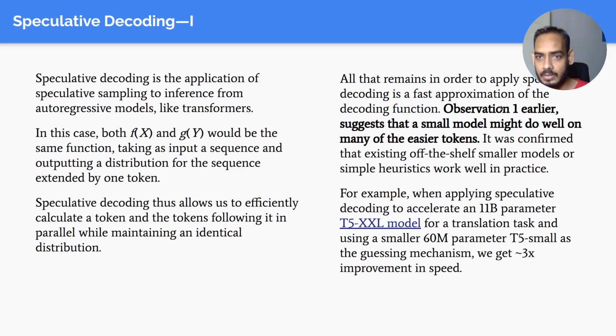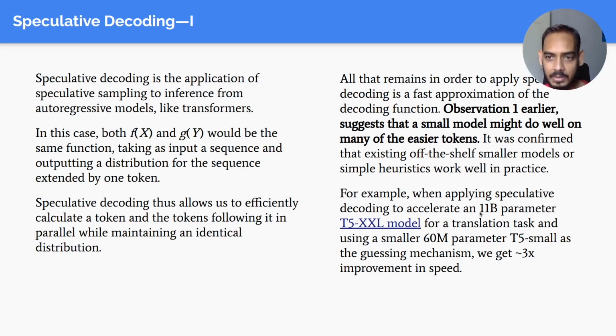For example, this is observation 1 which we saw earlier, which suggests that a smaller model might do well on the easier tokens. For example, when applying speculative decoding to accelerate an 11 billion parameter T5-XXL model for a translation task, using a smaller 60 million parameter T5-small as the guessing mechanism.